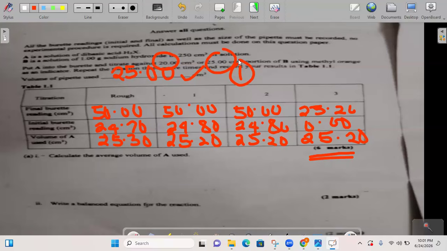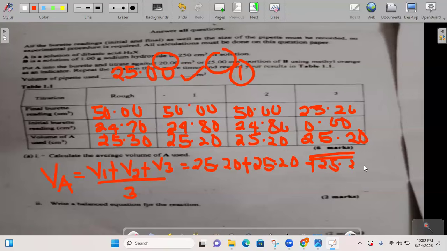So let's calculate the average volume of A used. VA is V1 plus V2 plus V3 over 3, which is the average of the 3 titers. So I'm having 25.20 plus 25.20 plus 25.20 divided by 3.